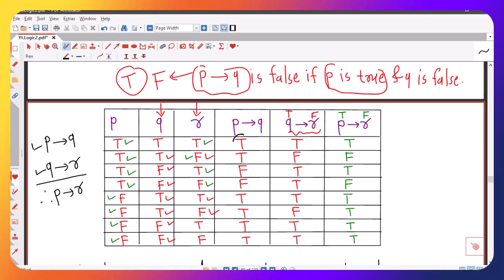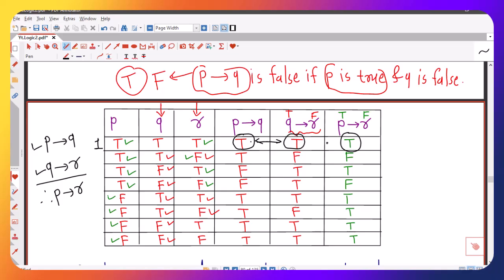So here we can see in first row P implies Q and Q implies R both are true, and we can see that P implies R is also true.